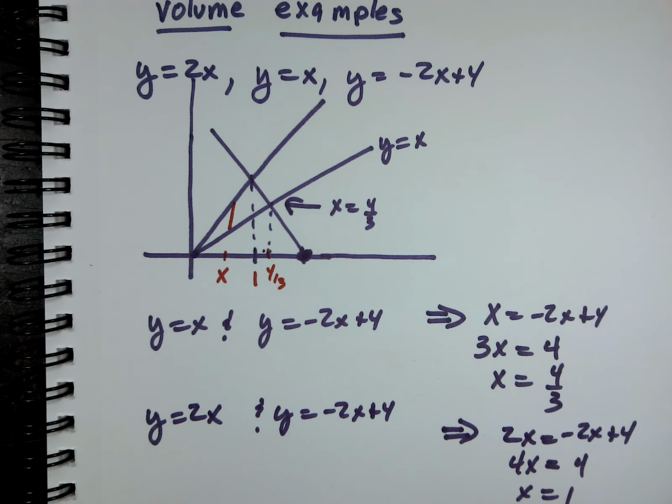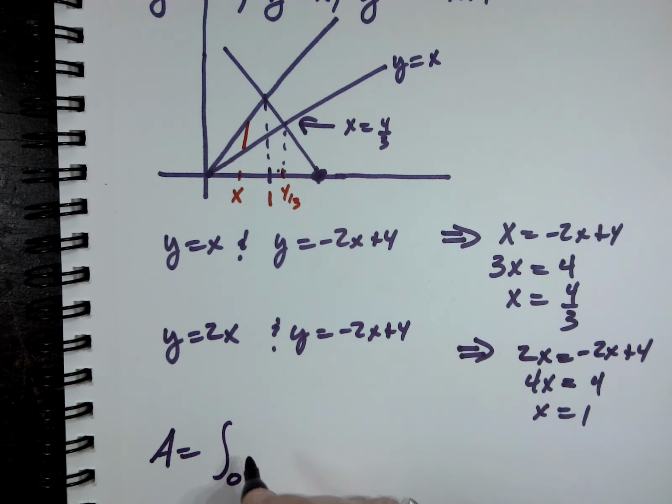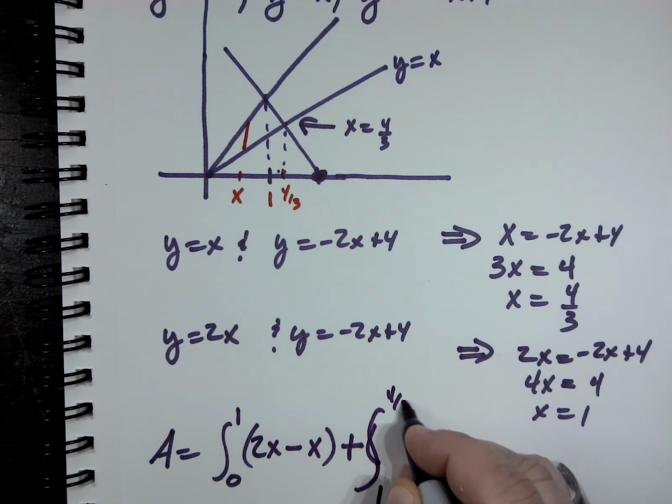So if I want the area, let's do that first. The area will equal the integral from 0 to 1 of the top function, which is 2x, minus the bottom function, which is x, plus the integral from 1 to 4/3.